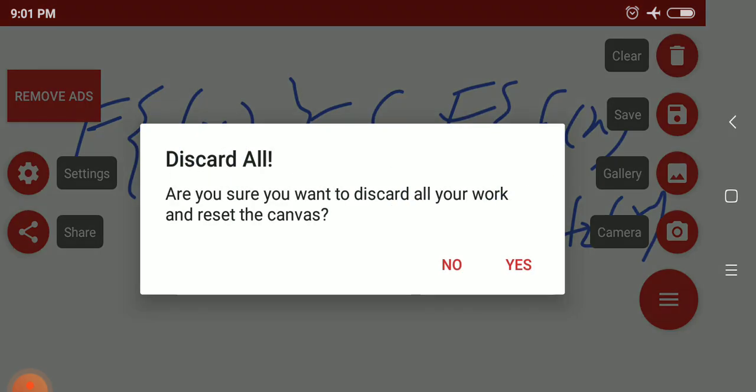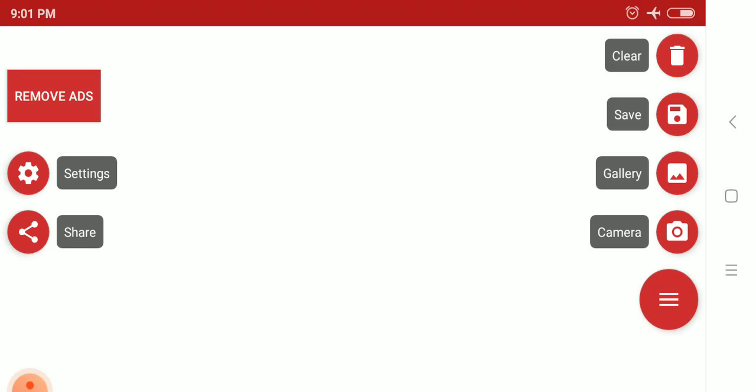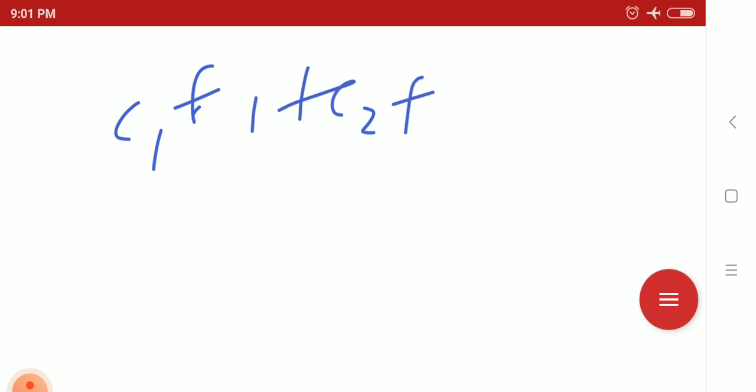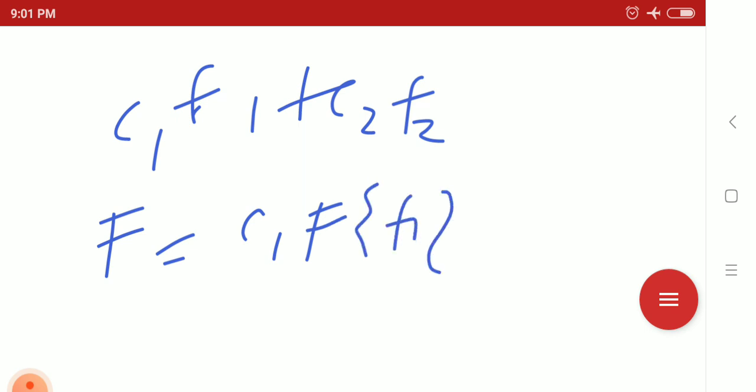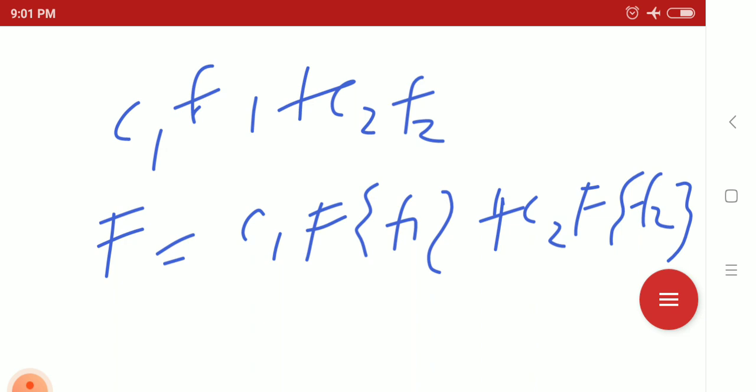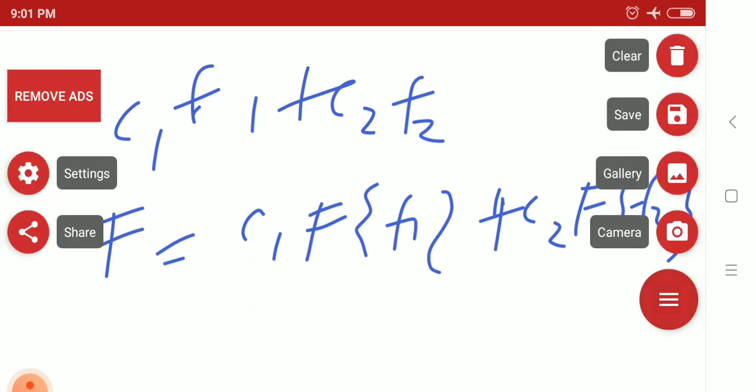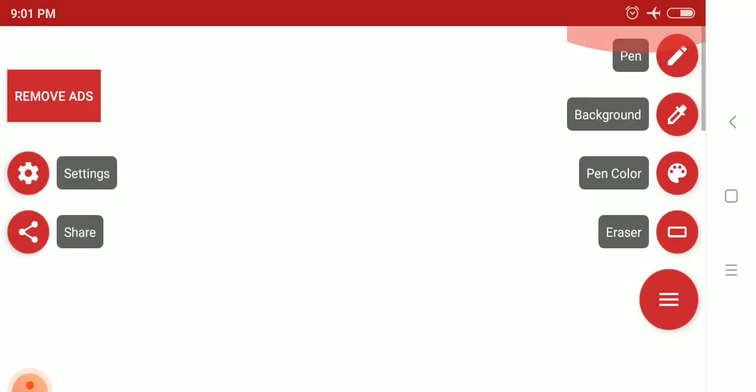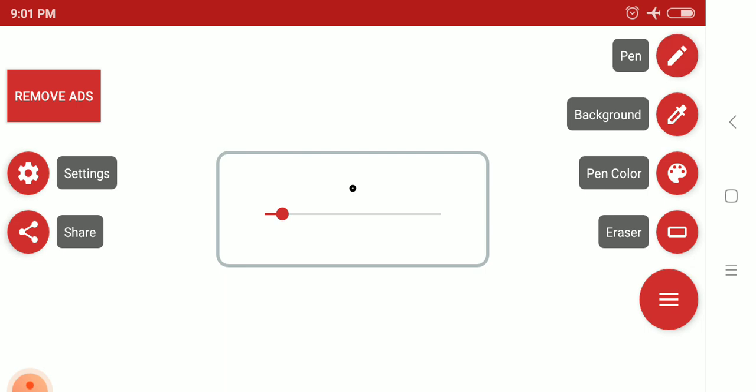Just keep the constants outside and do the Fourier transformation of that function in position space.